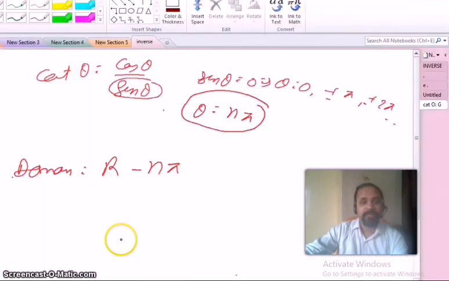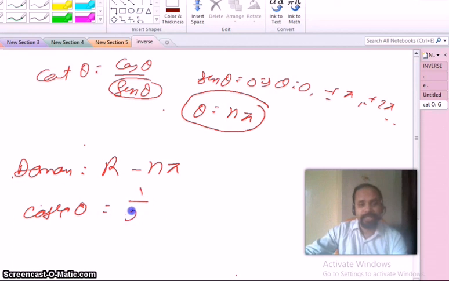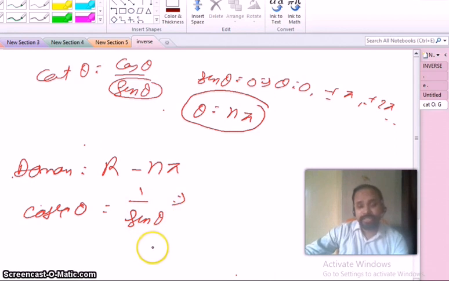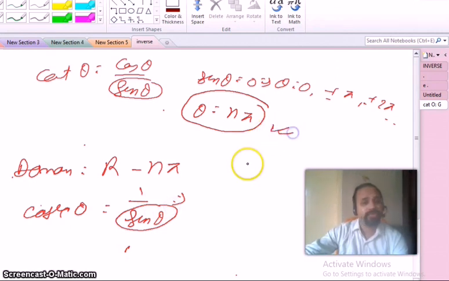And if we come to cosec theta, cosec theta means 1 by sine. These are the basic things that we have already learned in class 11, but still we have to revise these things. Cosec theta, that is 1 by sine theta, is defined when sine theta is not equal to 0, and sine theta is 0 when theta equals n pi.